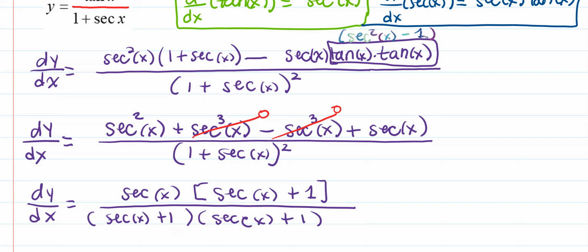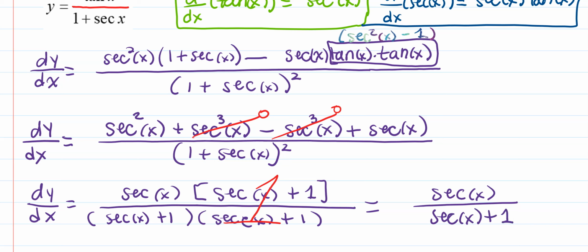That's what square is, right? And then I wrote secant of x plus 1 instead of 1 plus secant of x. So then we will have this divided by itself is 1. So my final answer is secant of x divided by secant of x plus 1.